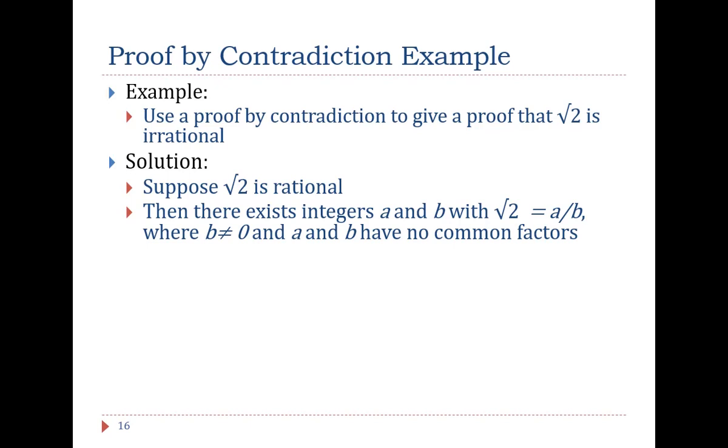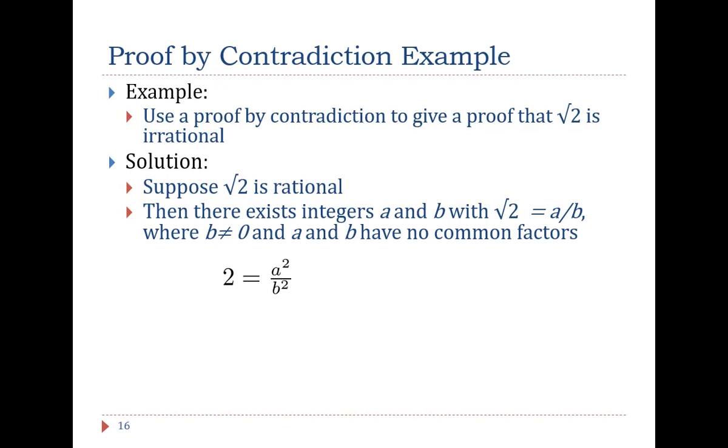Good. We also must have another property, which is that a and b must have no common factors, once again because it is a rational number. So, good. In this case, 2 would be equal to a squared over b squared.